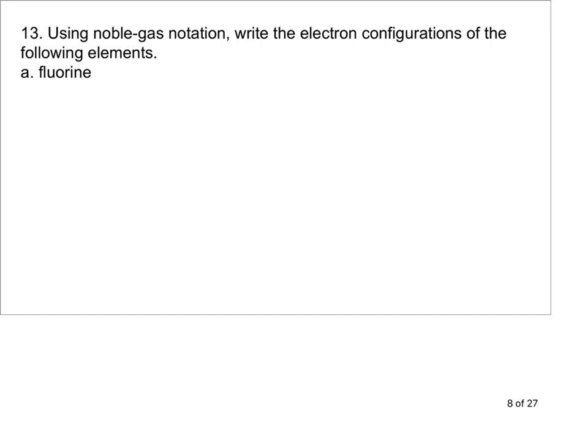Now this one says use noble gas configuration, so all these will. Fluorine, element number 9, is in the second period. It really doesn't make any difference if you use noble gas or standard notation.